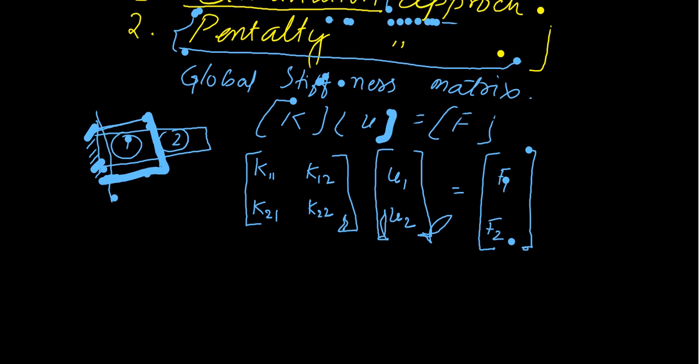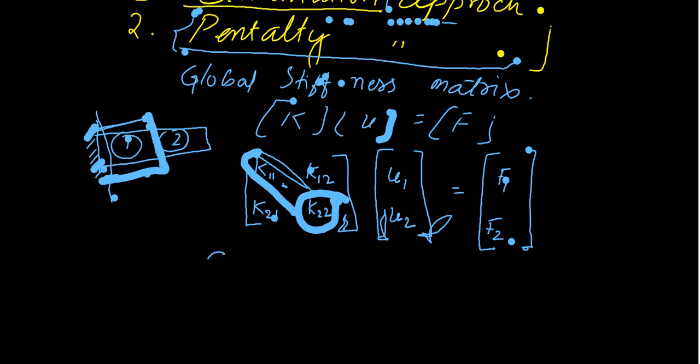Now in this equation let us find the maximum stiffness value: K11, K12, K21 or K22, which is the maximum. Generally in the global stiffness matrix, one of the diagonal values will be the maximum.